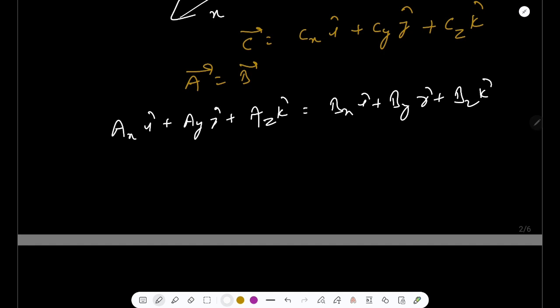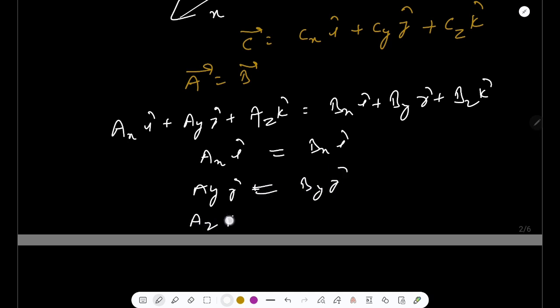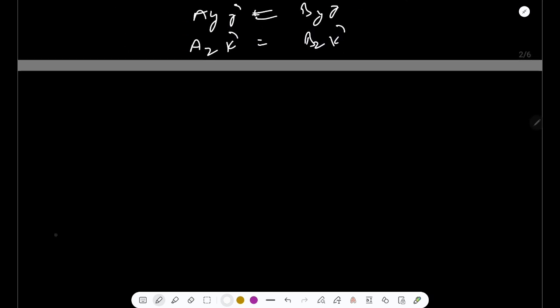Since the unit vectors have mutually different directions, they are mutually perpendicular, so we can conclude that they are independent of each other. So we can write axi cap equals bxi cap, ayj cap is equal to byj cap, and azk cap is equal to bzk cap. And it follows that ax equals bx, ay equals by, and az equals bz.